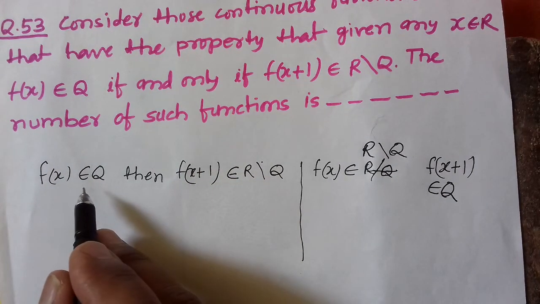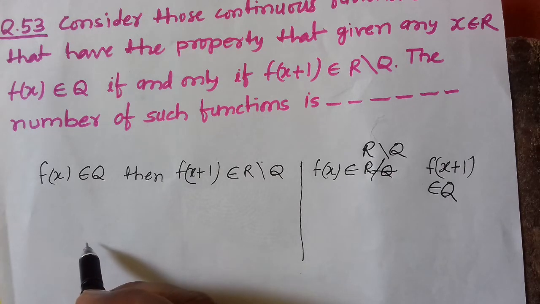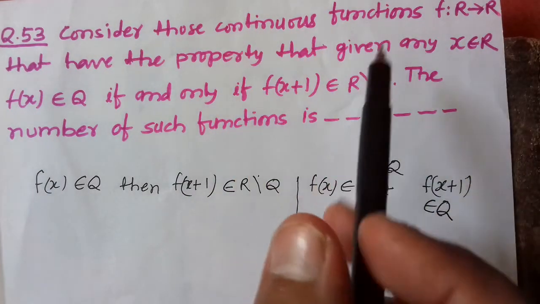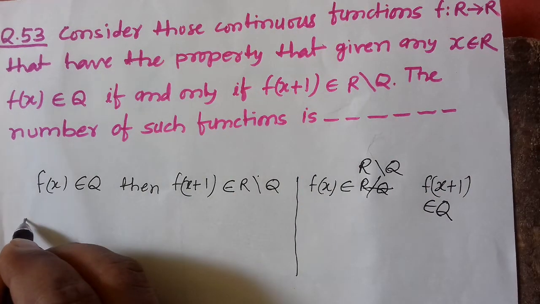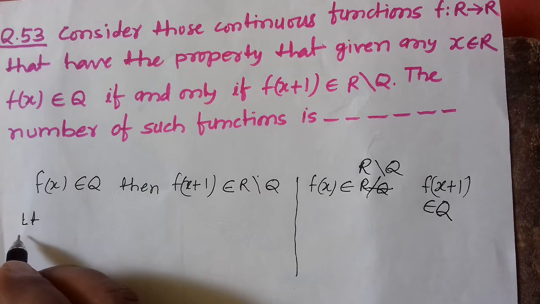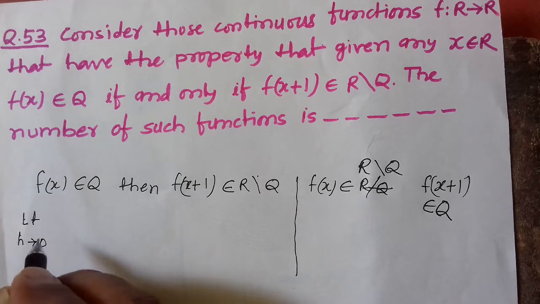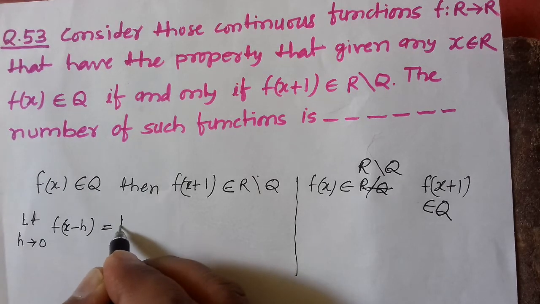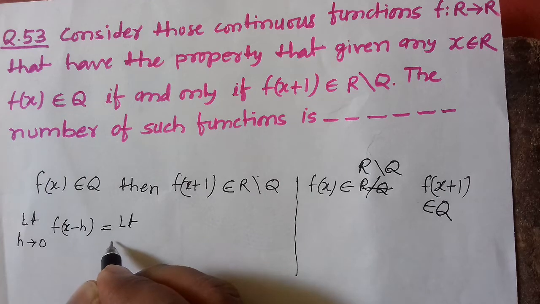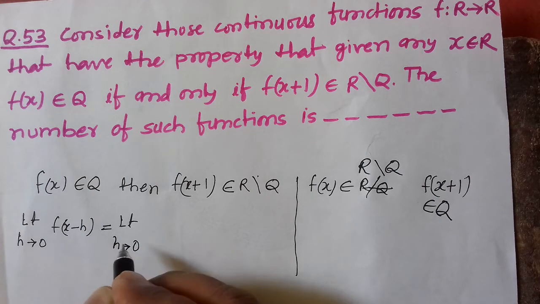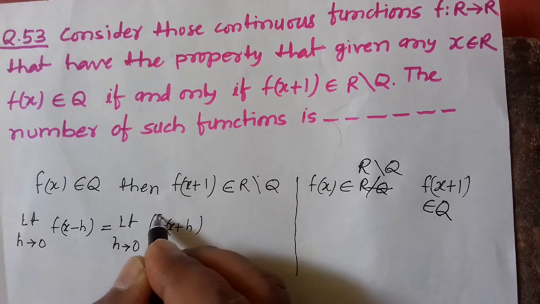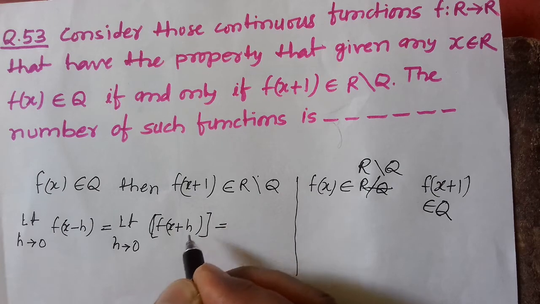In this part you see f(x) belongs to Q, and you see that in this question, continuous function means, using the formula, limit as h tends to 0, f(x minus h) must be equal to limit as h tends to 0, f(x plus h) equals to f(x).